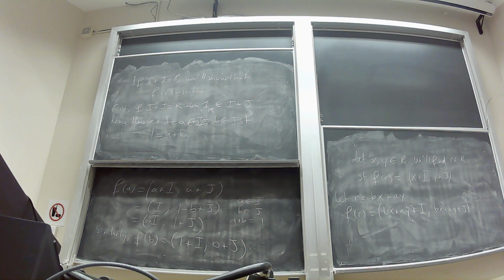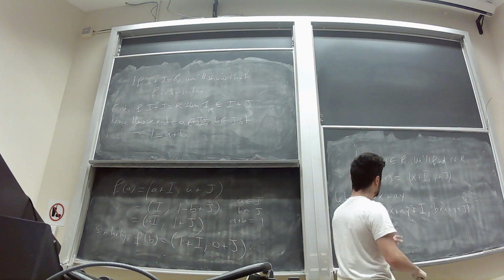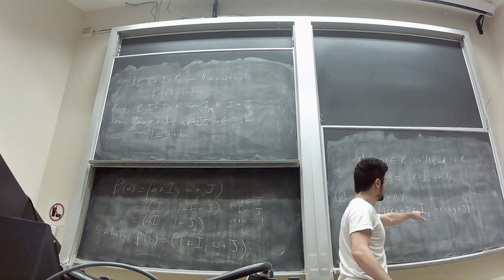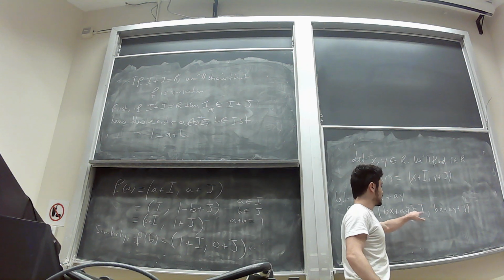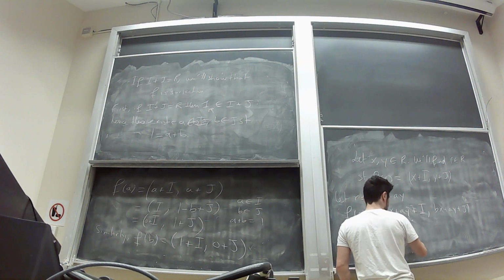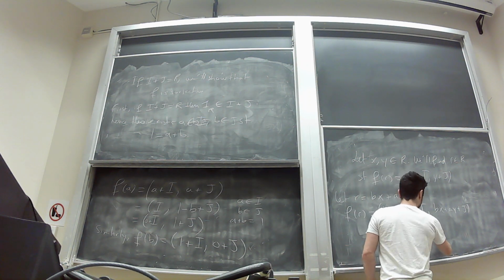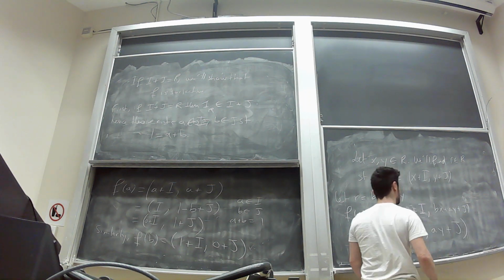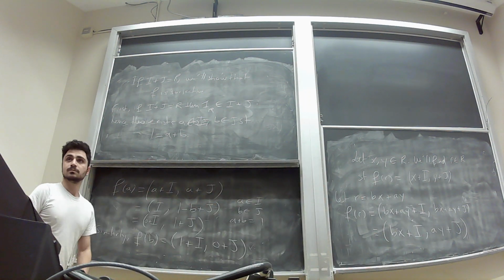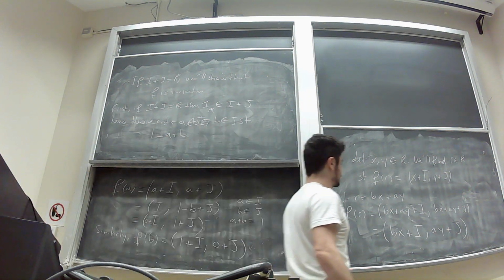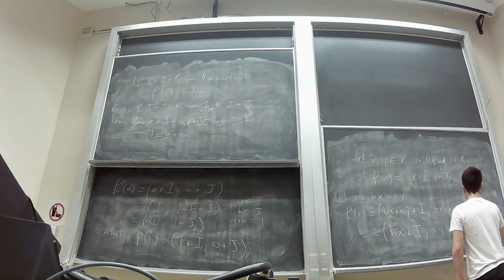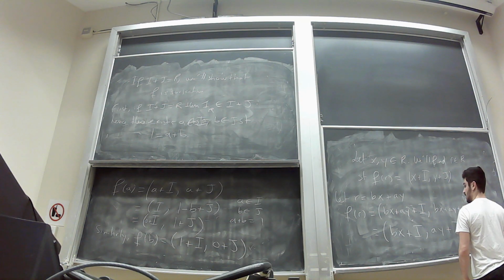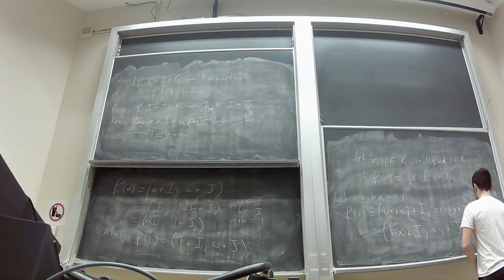So bx belongs to J, so bx plus J is equal to J. Same thing for a. a belongs to I, so ay plus I is equal to I. So this is just bx plus I and ay plus J, since ay belongs to I and bx belongs to J.